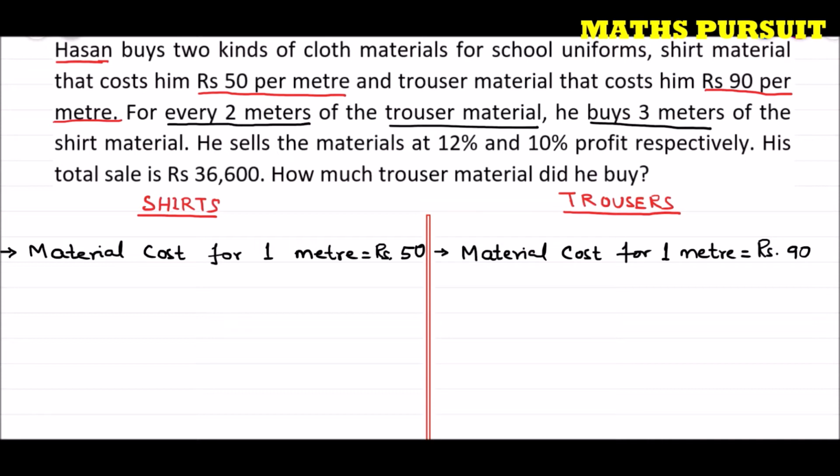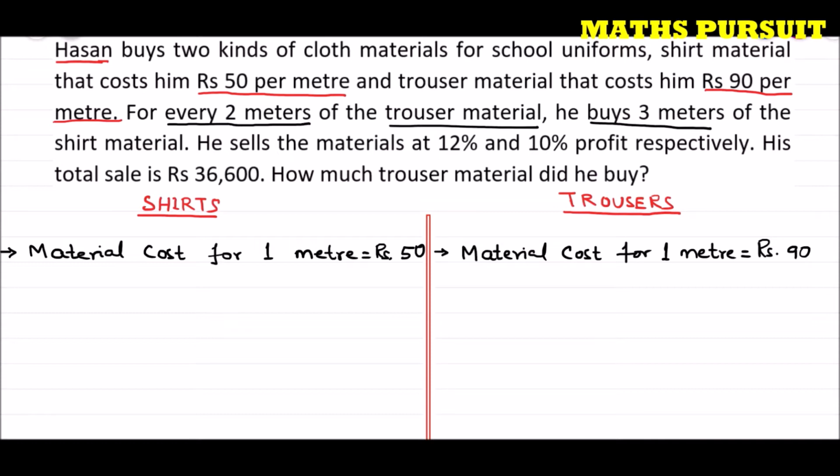So let us assume it to be x meters. That means if you assume the material that Hassan is purchasing as x meters, then for every 2 meters of the trouser material, he buys 3 meters of the shirt material.